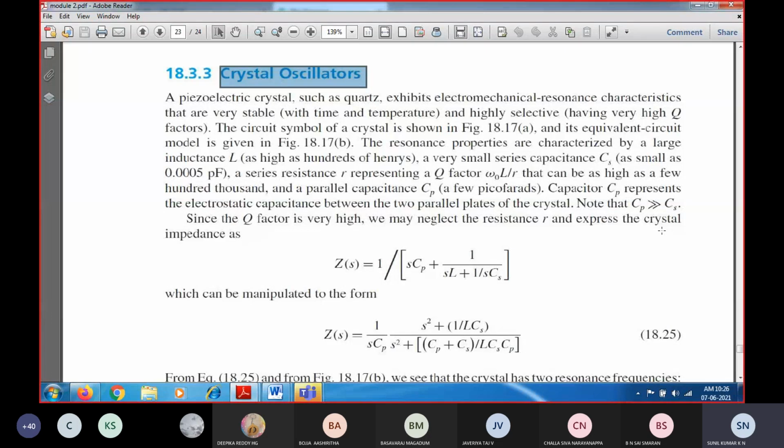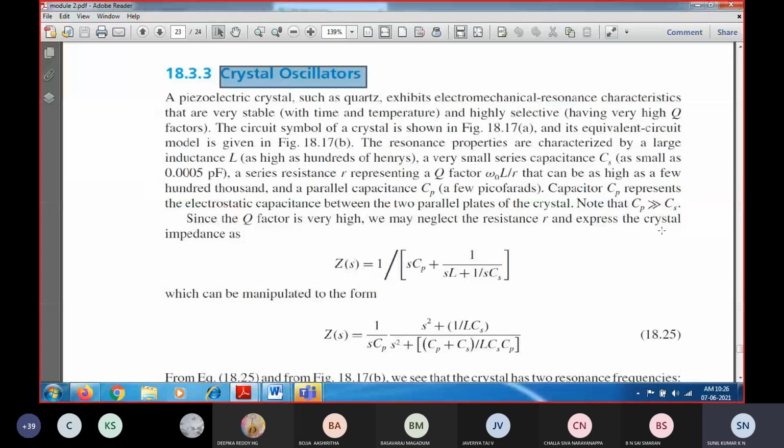Rochelle salt is going to provide a higher piezoelectric effect, whereas under mechanical deformation it is going to break up at a very fast rate. So it is going to provide a higher frequency of oscillation, but mechanical stress cannot be held, so it is going to break up at an early stage itself.